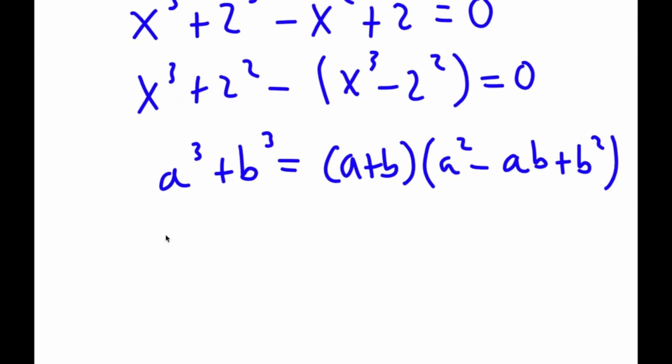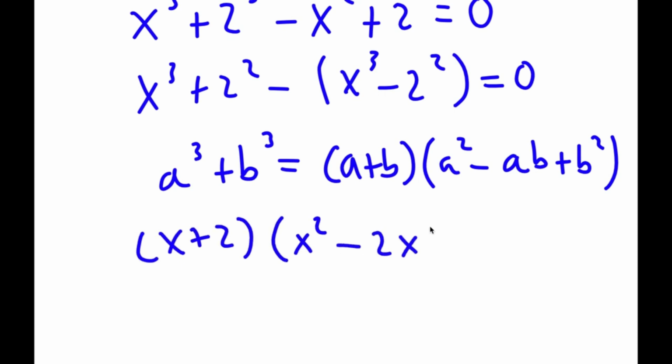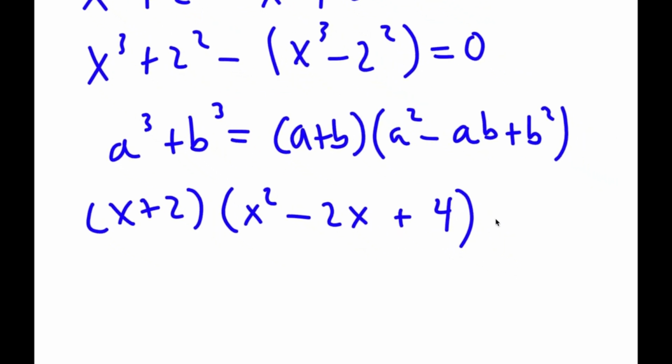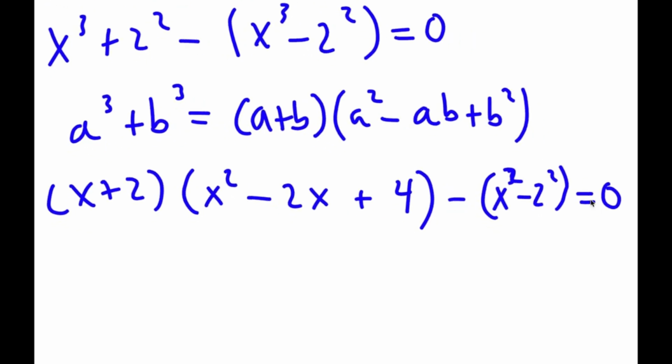So in this case, this is going to equal x plus 2 times x squared minus 2x plus 2 squared, which is 4. I have this minus x to the power of 2 minus 2 squared, which is all equal to 0.